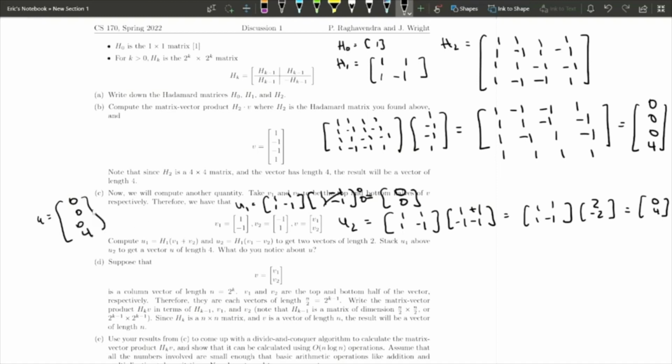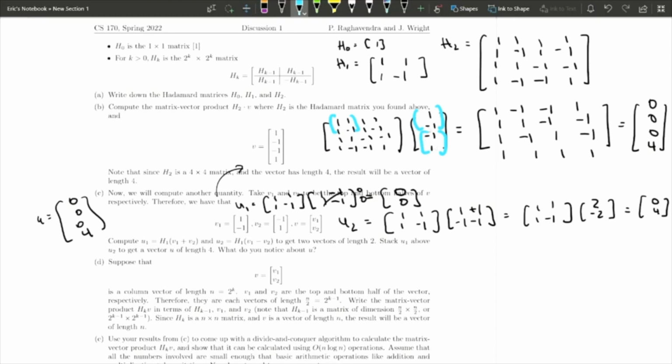What I notice about u is that it is the same as the result we got before. This is foreshadowing for the next part of the question. If you can see here, we basically broke down our matrix into this top half and bottom half.